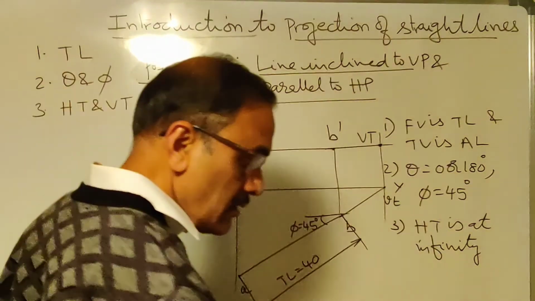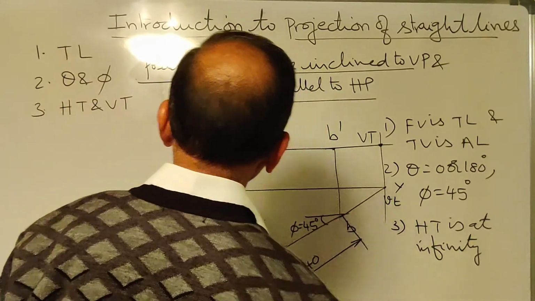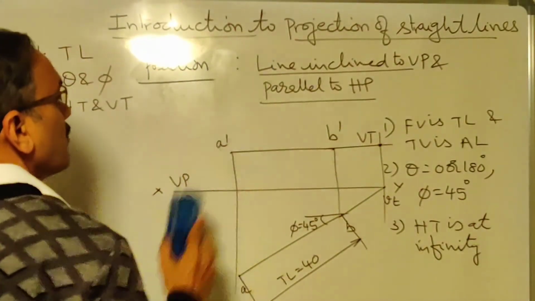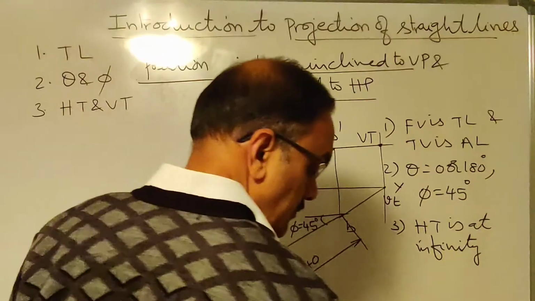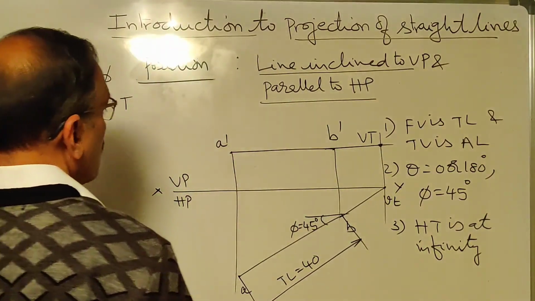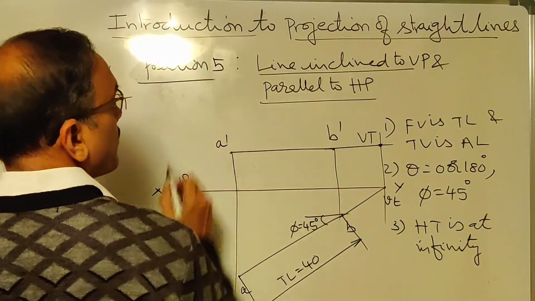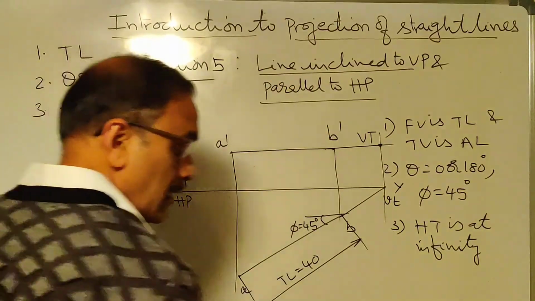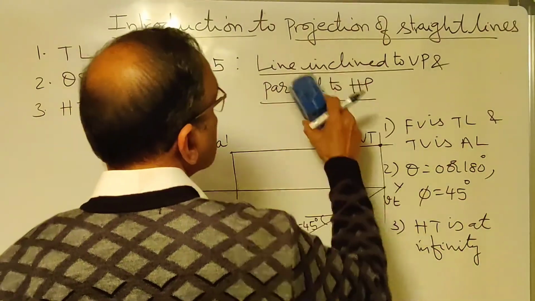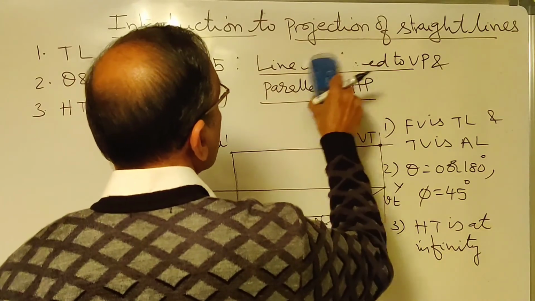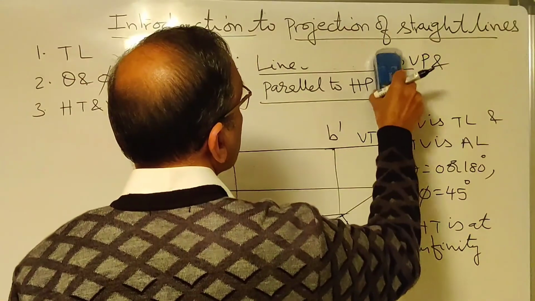Now the last position or fifth position, position 5, before we close this video. What should be position 5? Line should be made perpendicular to VP. Okay, I'll make this perpendicular.